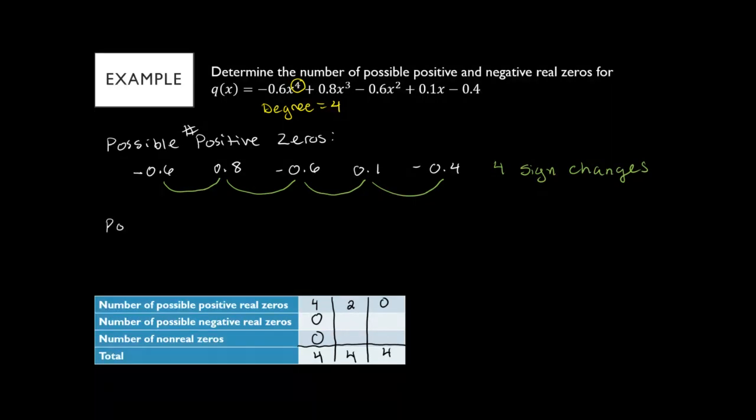So now we're going to look at the possible number of negative zeros.